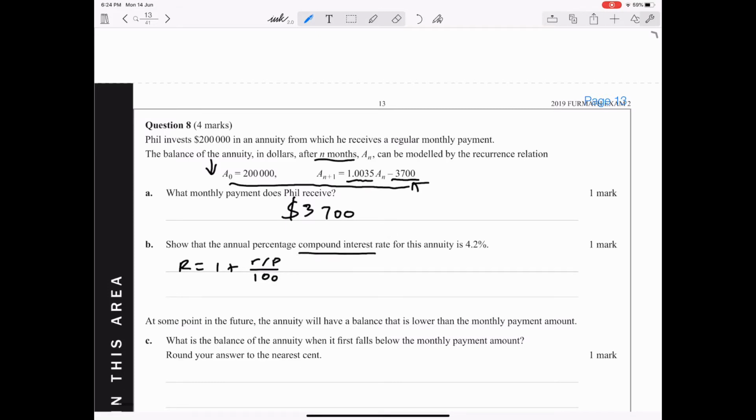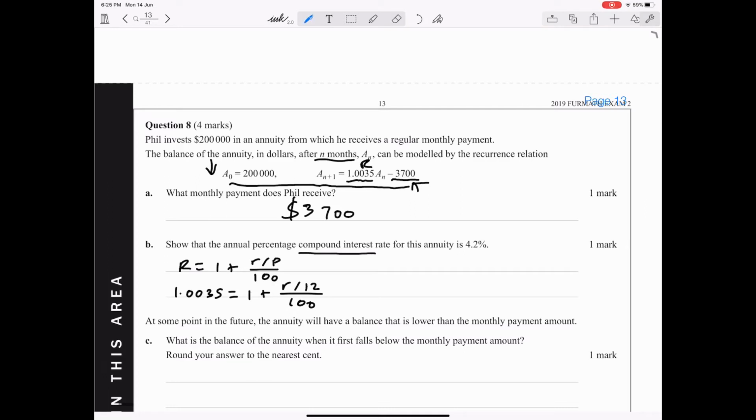So we basically sub the values of R and P into the equation. So we know the value of R is 1.0035, which is given in the recurrence relation. So 1 plus little r is what we're trying to find, divided by P, which is 12 on 100.